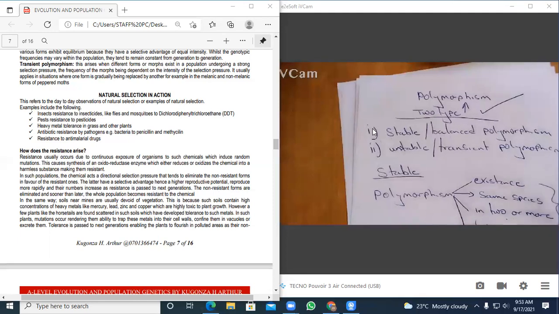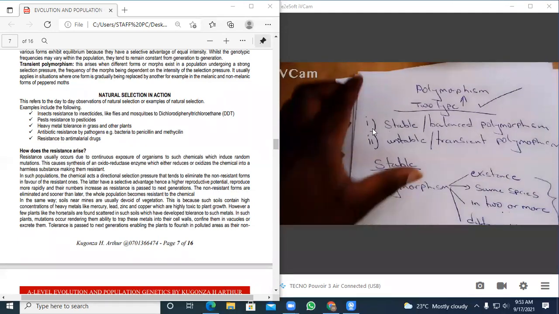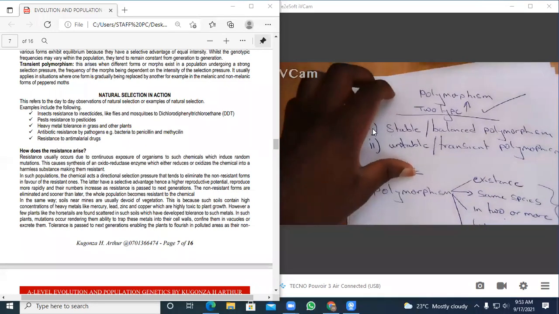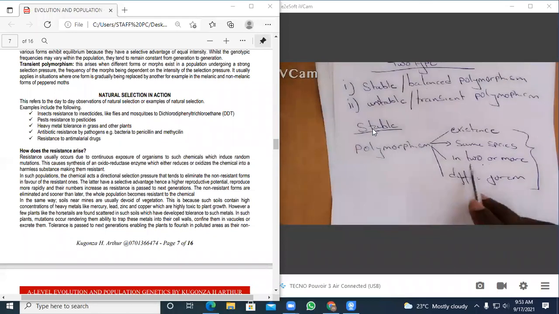In summary, that is what we call polymorphism: existence of an organism of the same species in two or more different forms within a population.